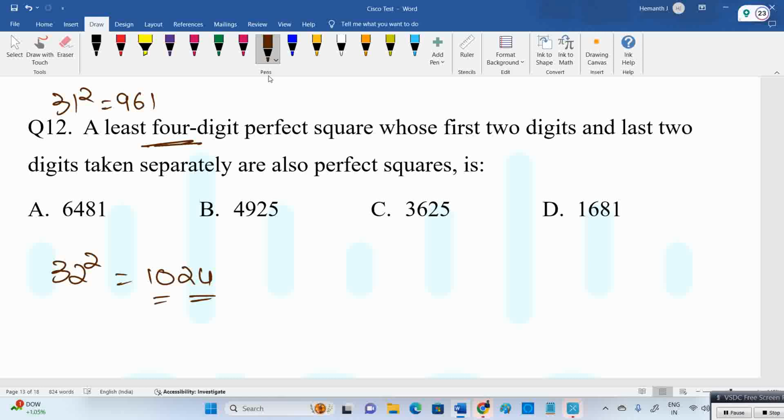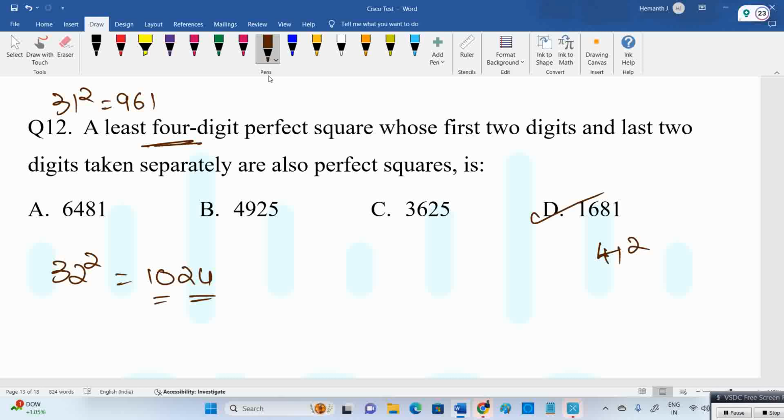I want them individually perfect squares. Don't simply say 16, 16. 16 and 9 is not perfect. So 1681. This is 41 square. 41 square is 1681. That's the one which is satisfied, the least one. Yes, among the options, the least one is D. It's a perfect square, 41 square actually.